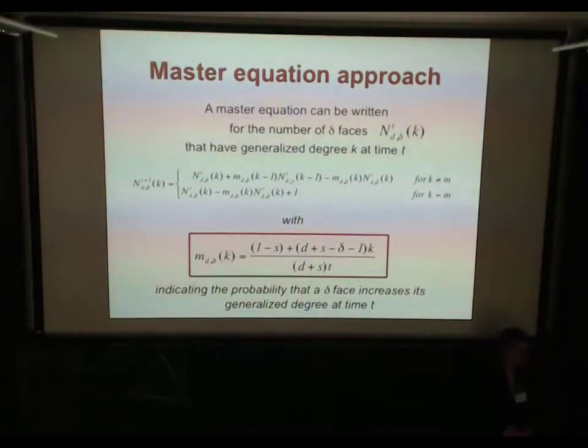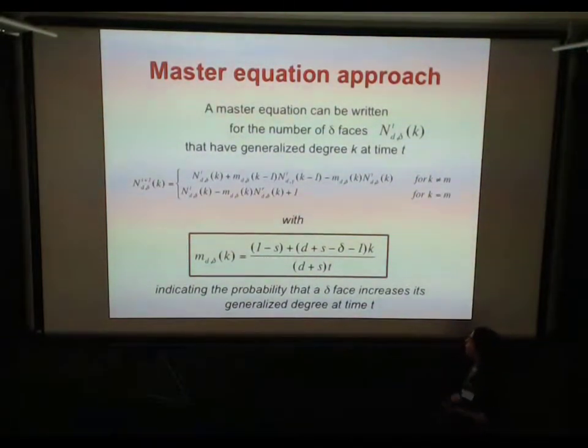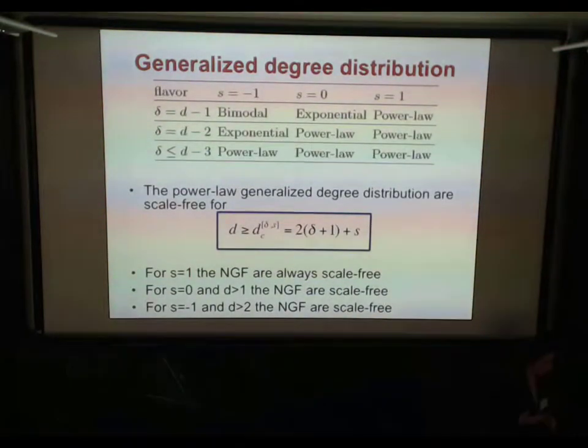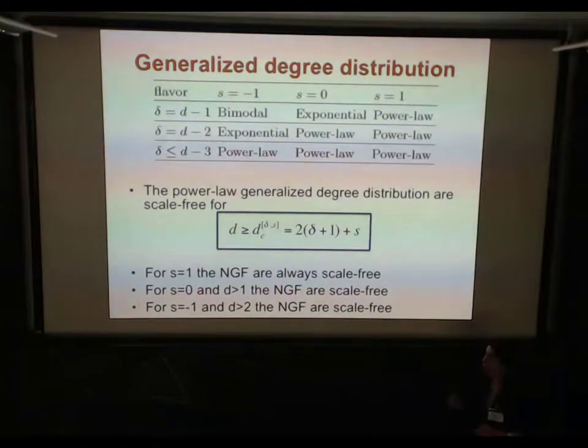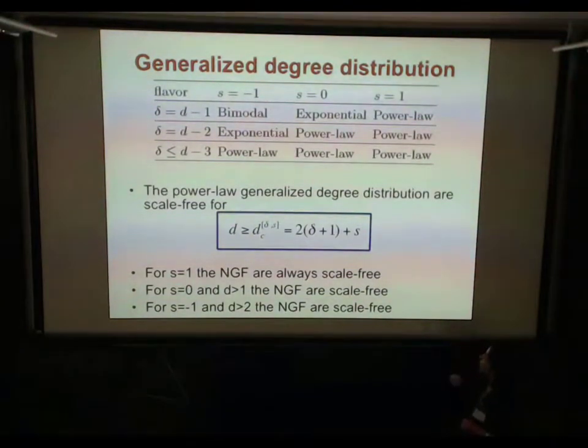So we can do the master equation approach for this generalized degree distribution. The probability that a delta face increases generalized degree at time t can be calculated with some simple combinatorics, long but simple combinatorics argument. And actually, the generalized degree has a very regular pattern.